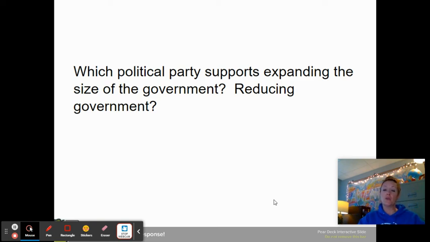On the other hand, the Republican Party believes that reducing the size of the government is more beneficial to individuals, that every person can best make the decision that benefits themselves as opposed to the government making those decisions for them. And so those are the two main differences between the political parties. It has to do ultimately with the size of the government and how they think the government impacts the economy.